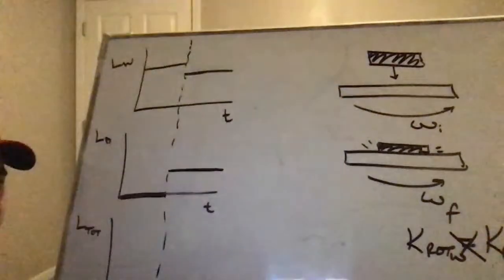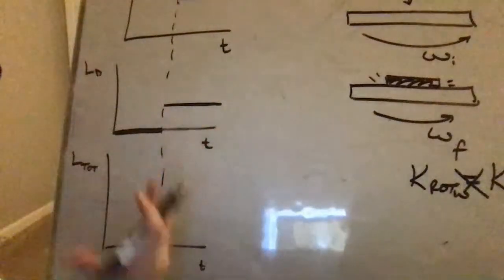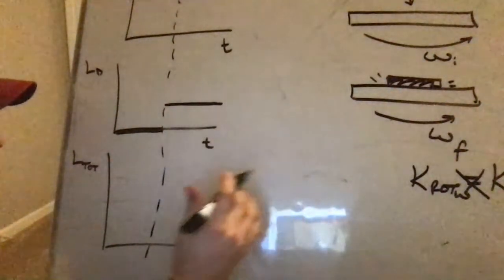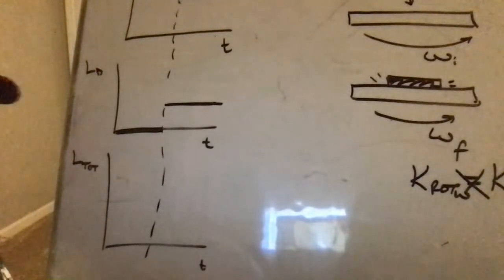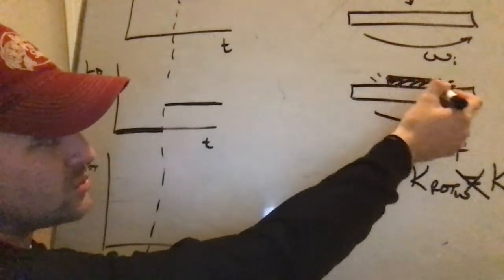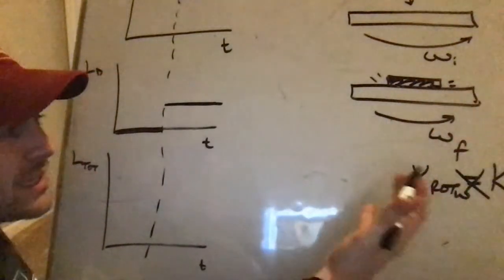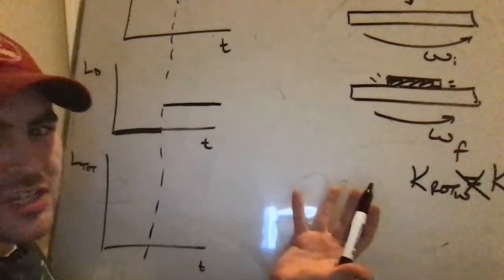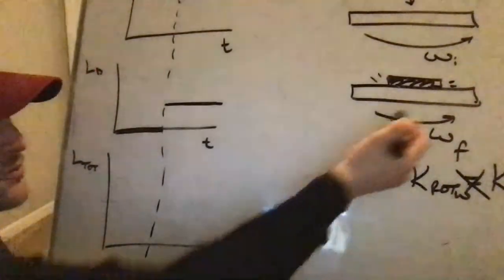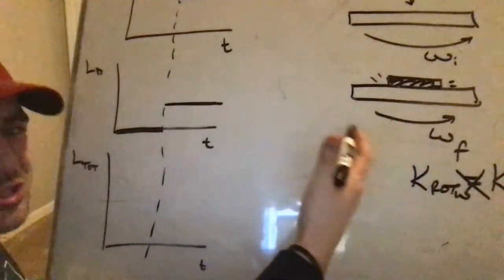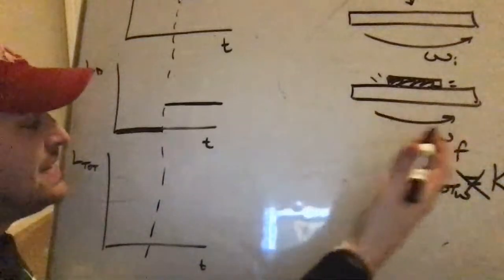What about the whole system? Ask yourself, was there an outside net torque when the dark disk slammed into the wood disk? No. There were internal friction forces between the dark disk and the wood disk for sure, but those were inside my system. They caused the change in momentum of the wood disk and of my dark disk, but not an overall change in momentum of my entire system.